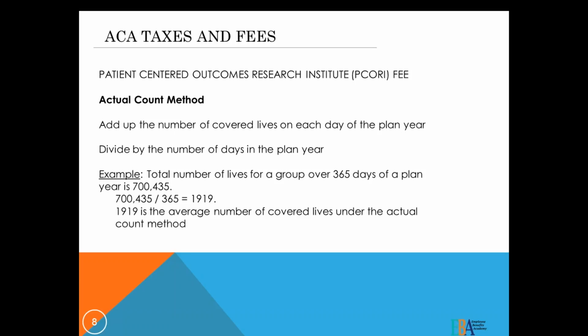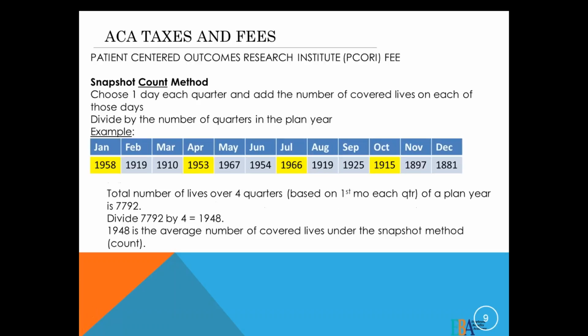This number is divided by 365, which is the number of days in the plan year. The answer is 1,919. This is the average number of covered lives under the actual count method.